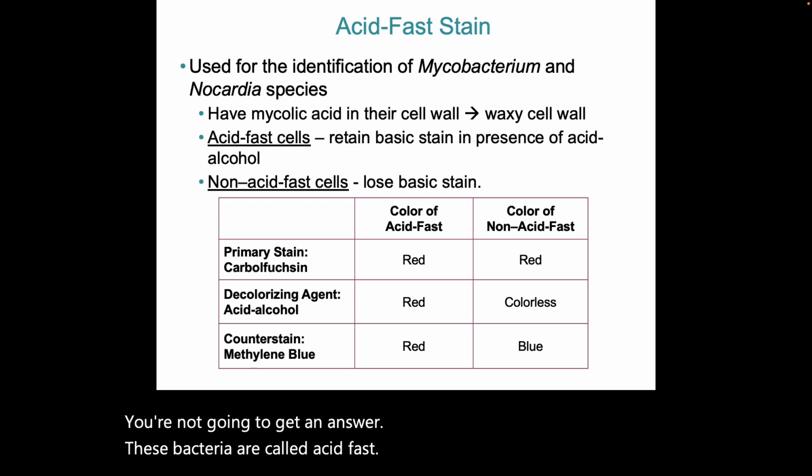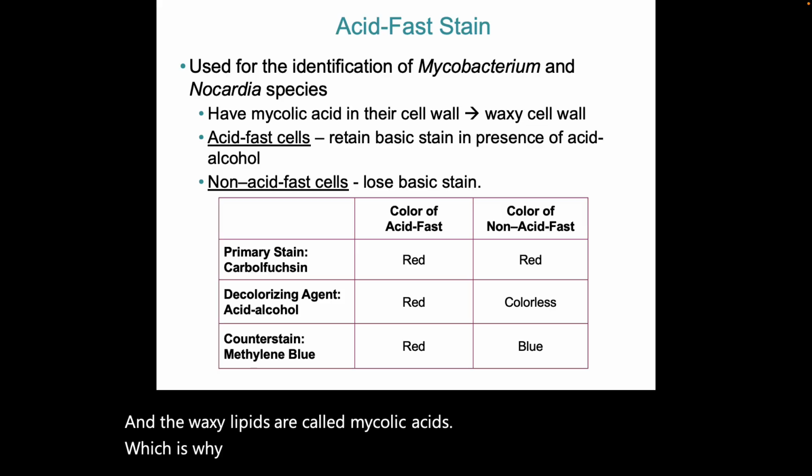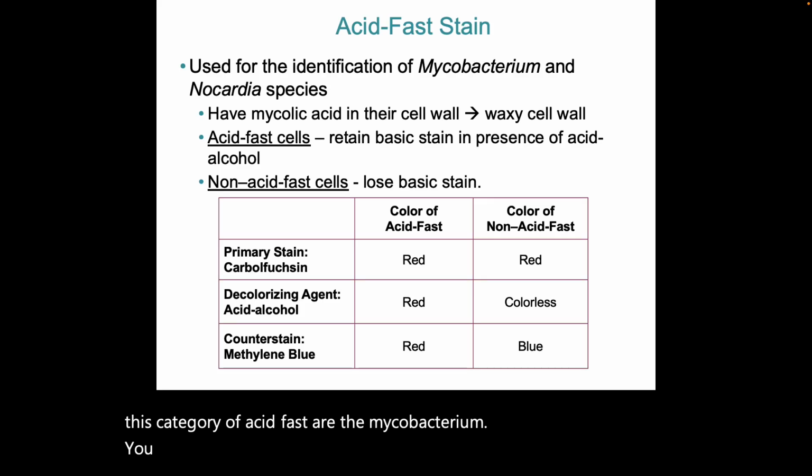And the waxy lipids are called mycolic acids, which is why one of the most common genera of bacteria that fits under this category of acid-fast are the Mycobacterium. You may have heard of things like leprosy and tuberculosis. Those are Mycobacterium.